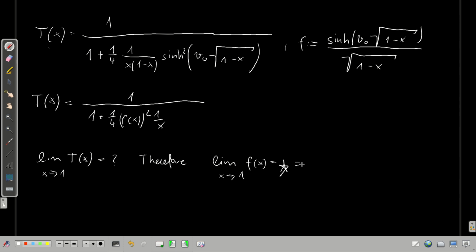Let's do this on the next slide. Write again this expression here for f of x.